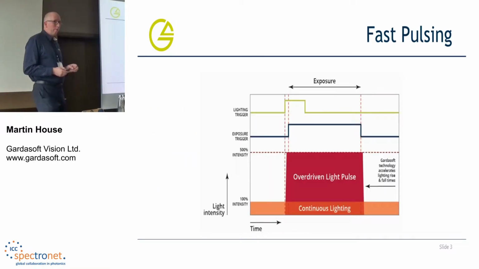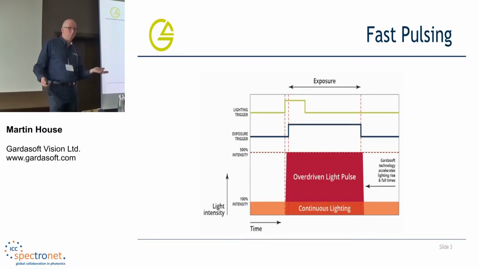So firstly, fast pulsing. It won't do any harm just to reacquaint ourselves with a typical diagram of a light pulse, because that just helps us to understand some of the issues that we can quite easily forget. So here's a typical situation where we're using 2 lighting schemes. We've got a continuous illumination and we've got an overdriven LED.